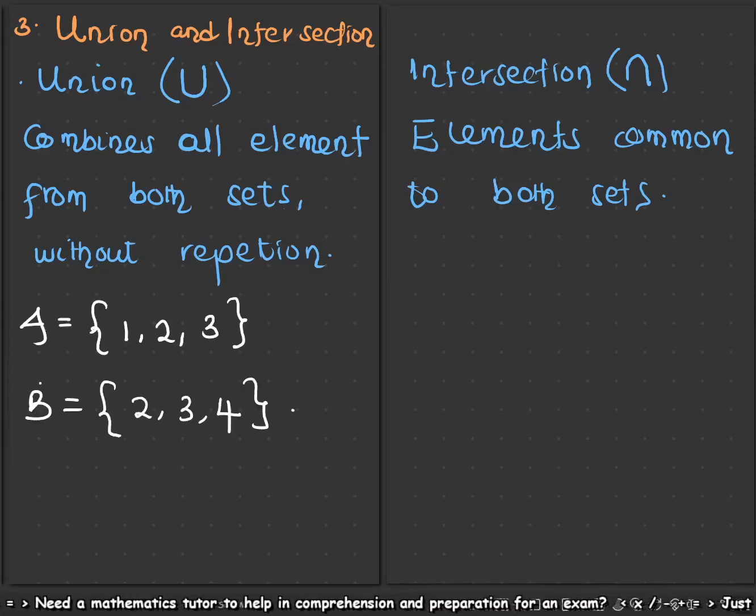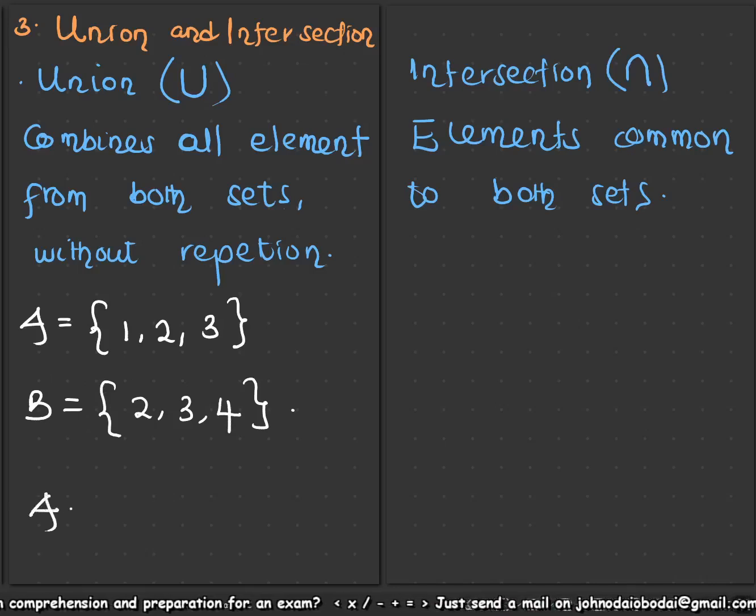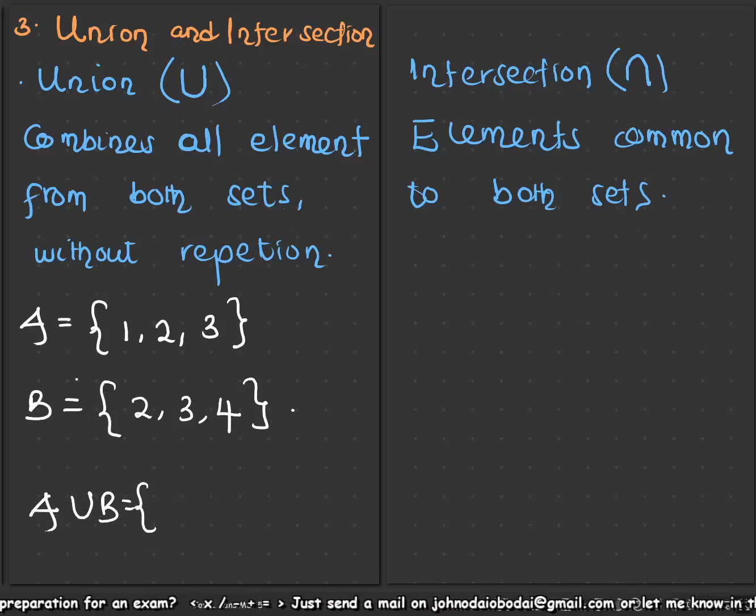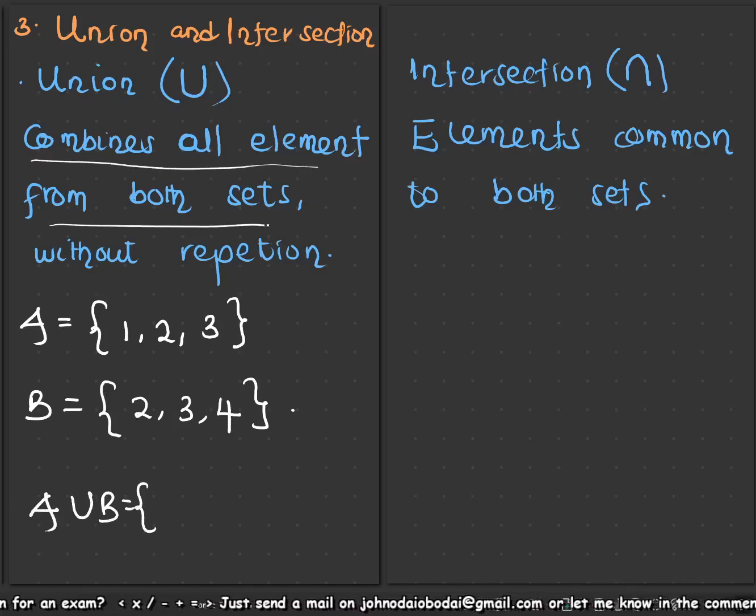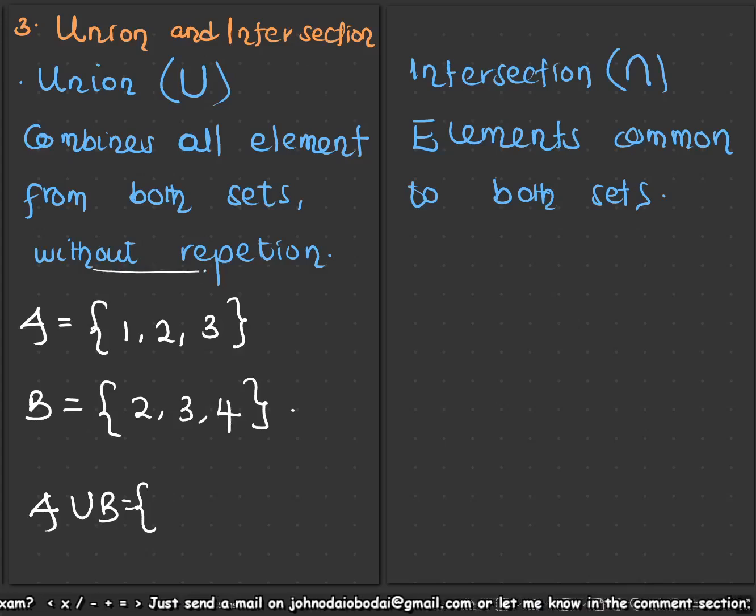Now with these two sets here, set A and then set B, if we want to combine these two sets together, we are going to get A union B. It's going to combine all the elements from both sets, yet without repetition. What do we mean by without repetition?